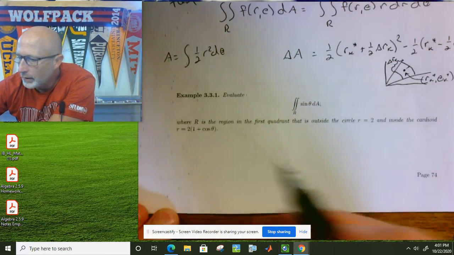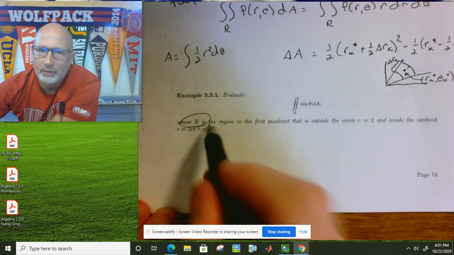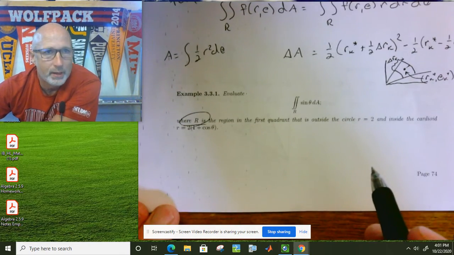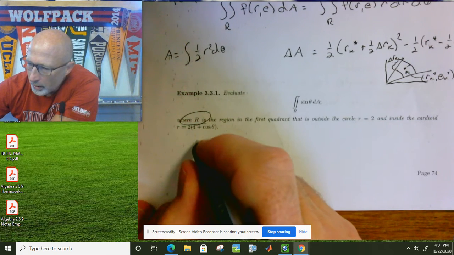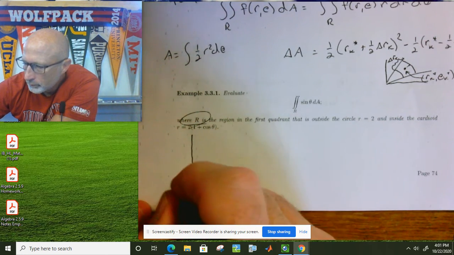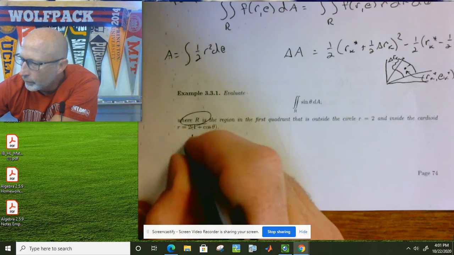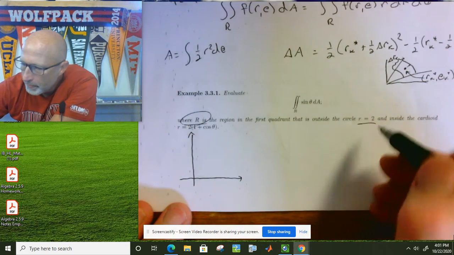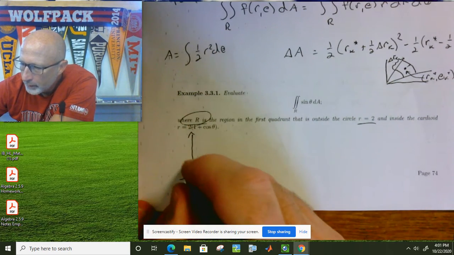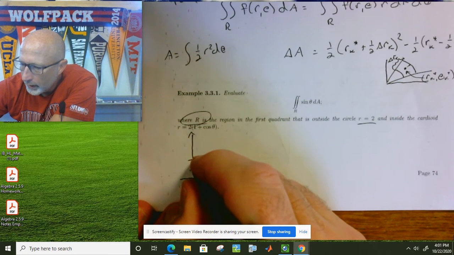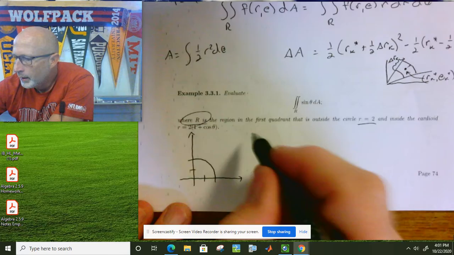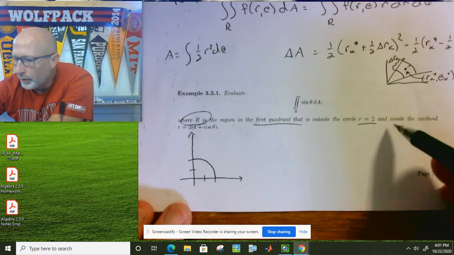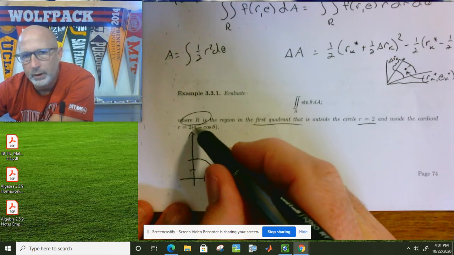Okay, so the first thing I need to know is what the region R is. That is the most important thing when we're evaluating things in multivariable calculus. If you look at the region R, it says that it's outside the circle r equals 2. So that's this circle right here. We're only in the first quadrant. And then it's inside the cardioid of 2 times 1 plus cosine of theta.